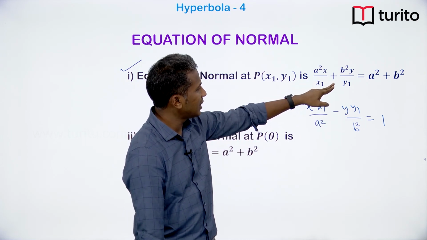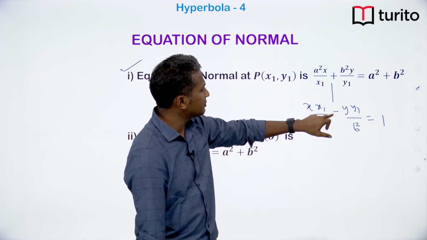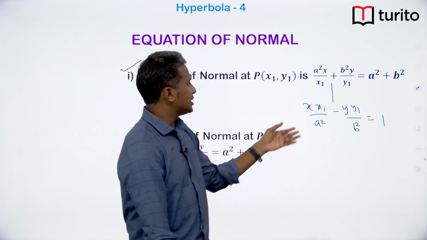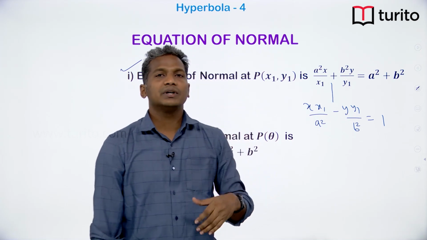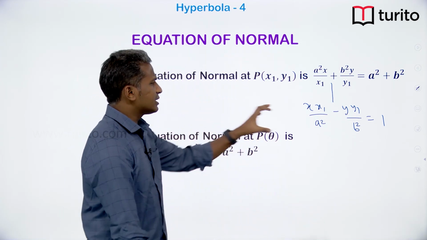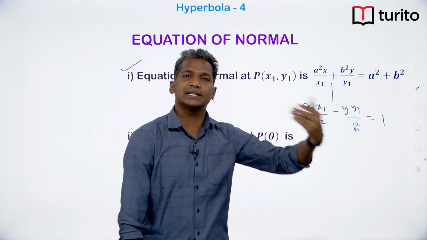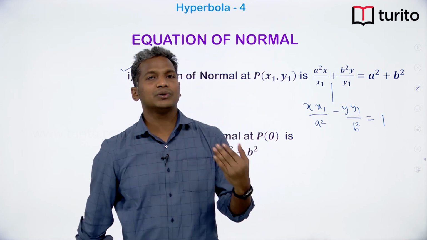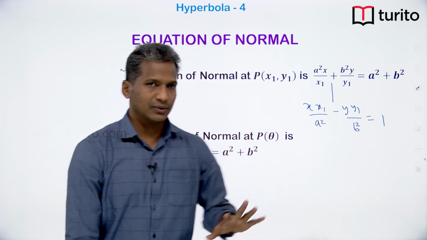If there is a plus here, we made it minus here. If there is minus, we make it plus. Okay. So, this way we can always derive and connect all forms. Once you derive only the LHS, the RHS can be calculated by substituting the point. So, you do not need to remember the RHS.